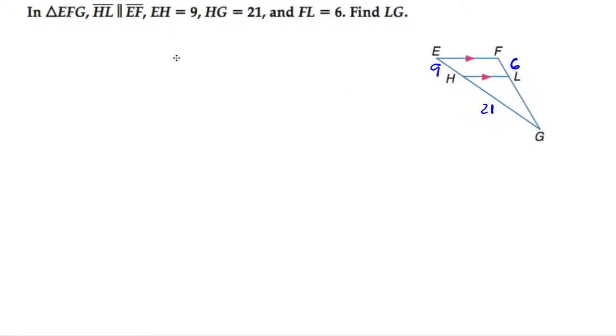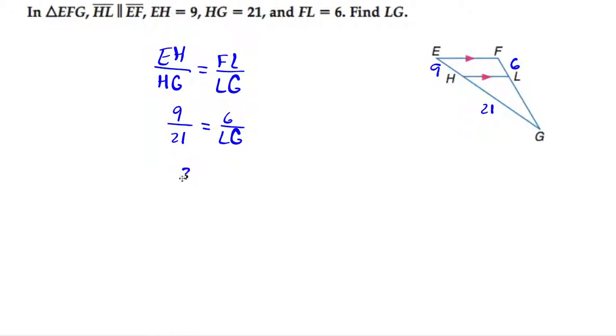Well, we know, because of that last theorem we just looked at, that EH to HG is going to be equal to FL to LG. So EH is 9, HG is 21, FL is 6, and LG is LG. We can reduce this fraction, so we get 3 to 7 equal to 6 to LG.